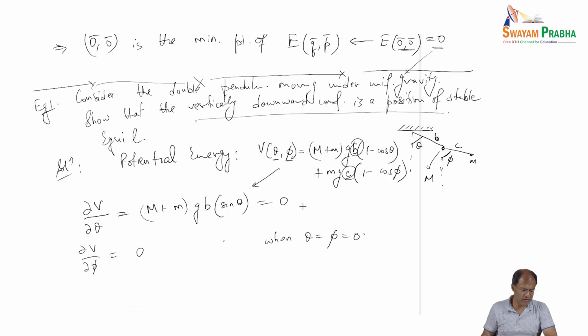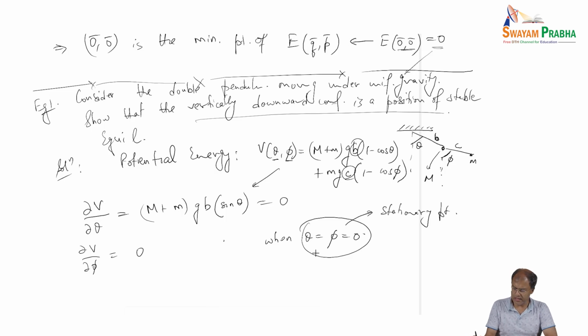So these are the two cases. This can only happen when theta is equal to phi equal to 0. By definition, since they make the derivative of the potential 0, these are my stationary points or critical points.